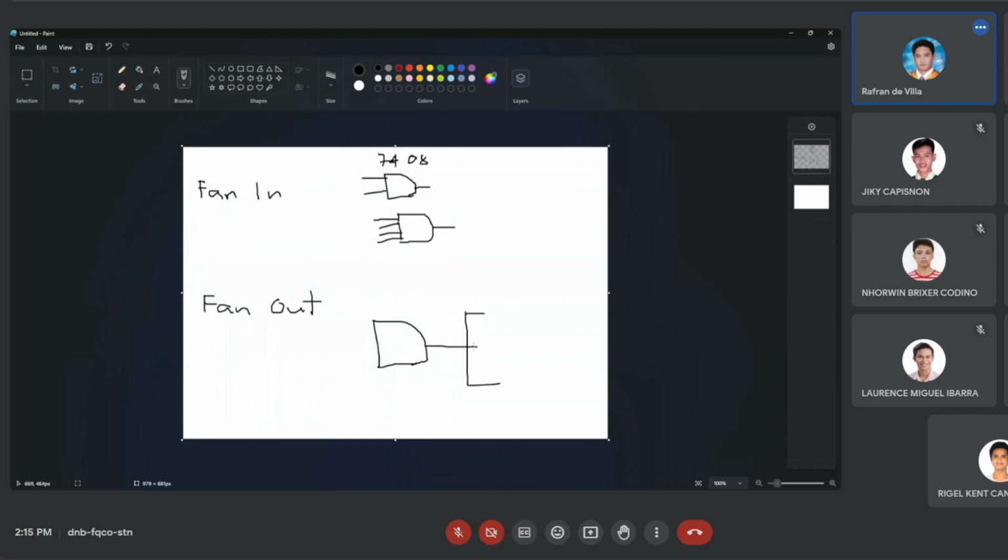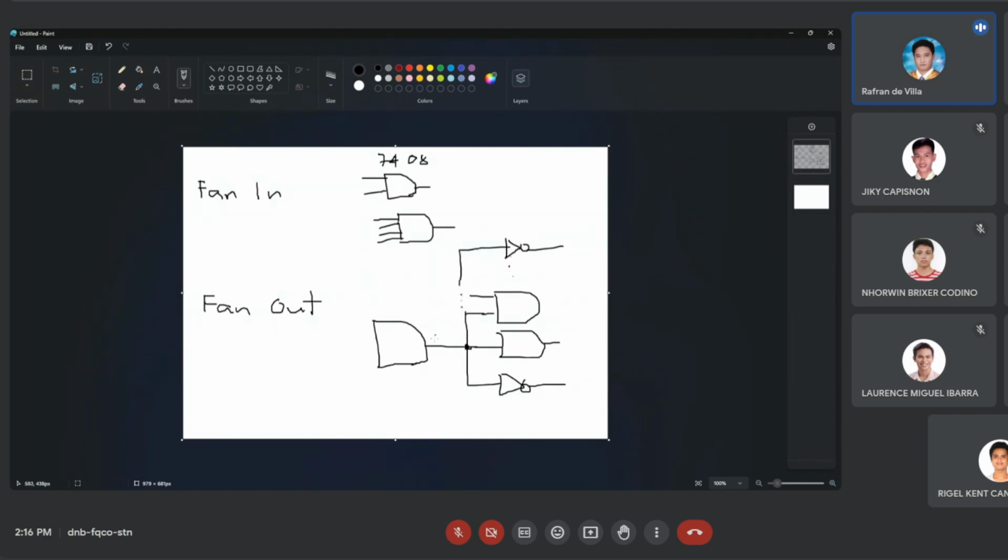Probably you have seen something like this, wherein the output of one gate, to reduce your implementation, you can recycle and connect to other gates. So when talking about fan out, this is what is considered: how many inputs you can still connect to that output.